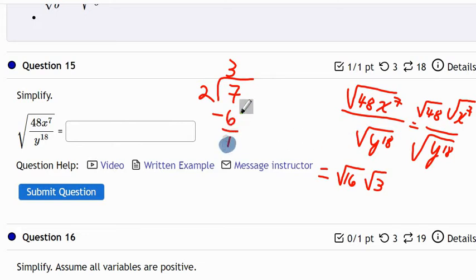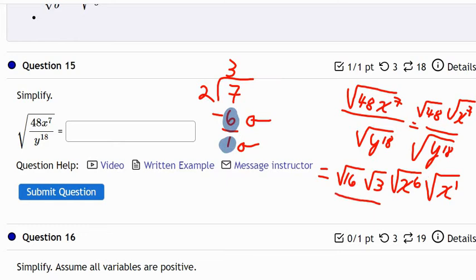The 1 and the 6 add up to 7, for instance, and that's how I'm going to break up x to the 7th: as x to the 6th multiplied by x to the 1st, because when I multiply those, I add the exponents and I get x to the 7th.